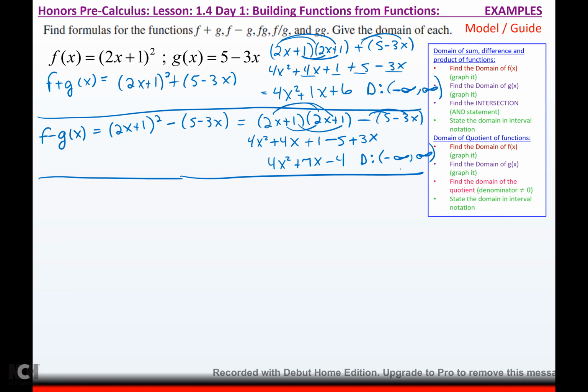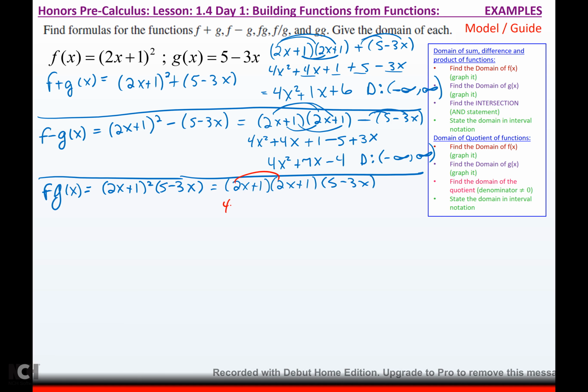So we did f plus g, f minus g. They want me to do f times g. That would be 2x plus 1 squared times 5 minus 3x. So when I simplify this, I'm going to have 2 copies of 2x plus 1 times 5 minus 3x. I'm going to go 2 at a time.